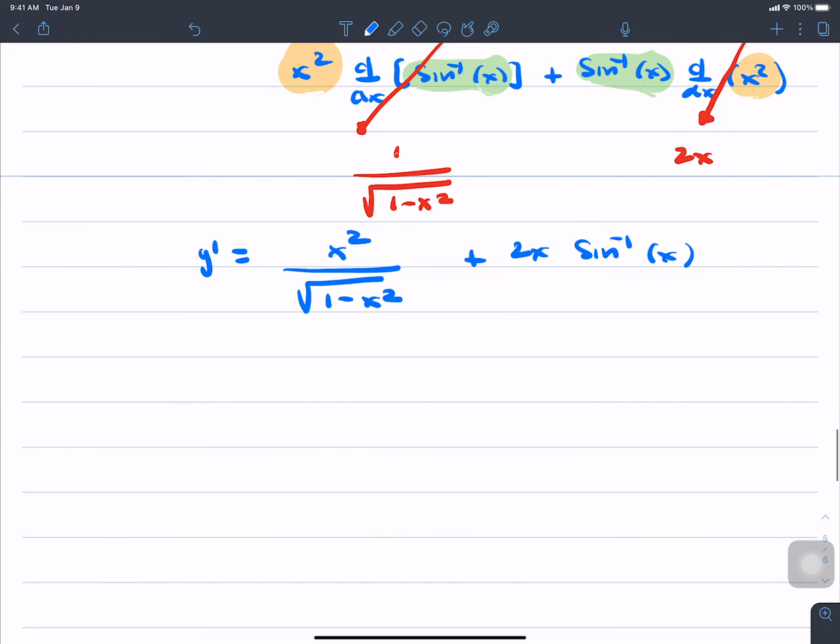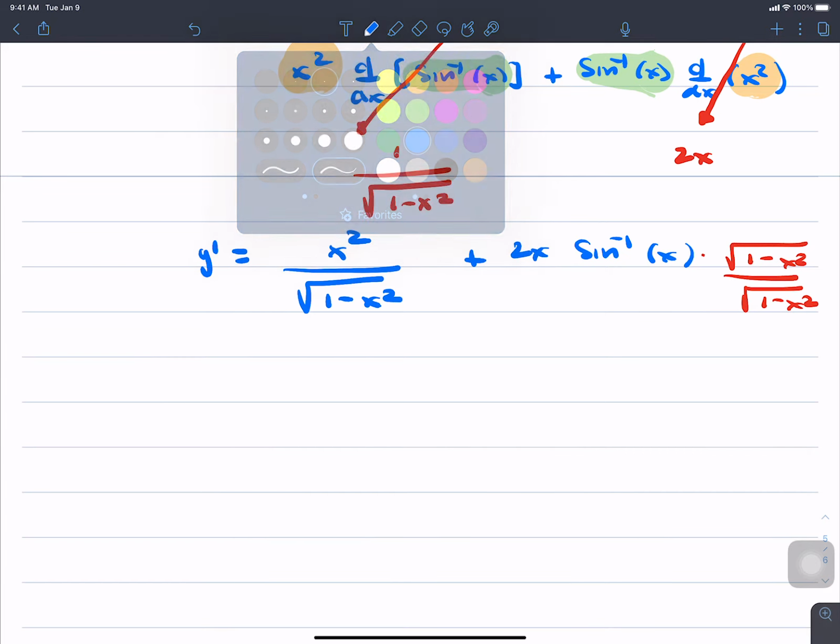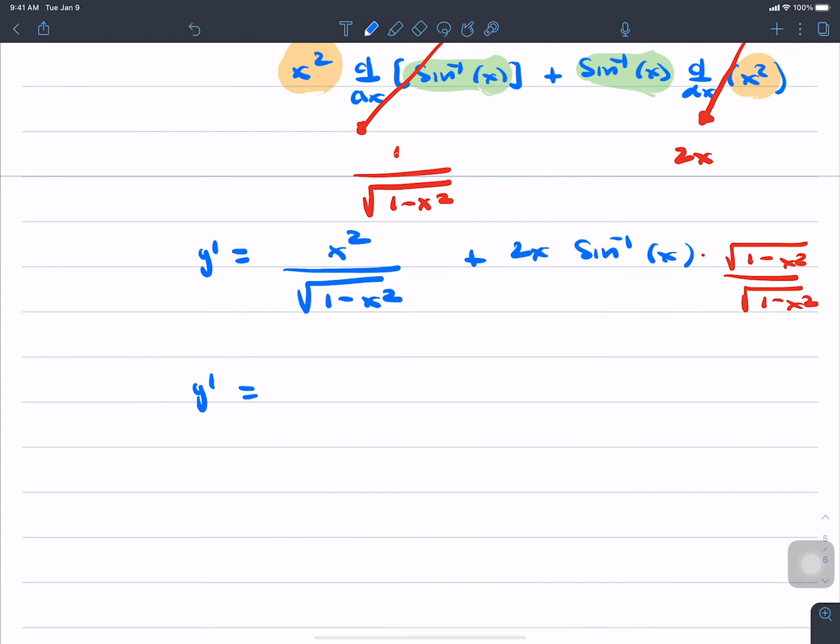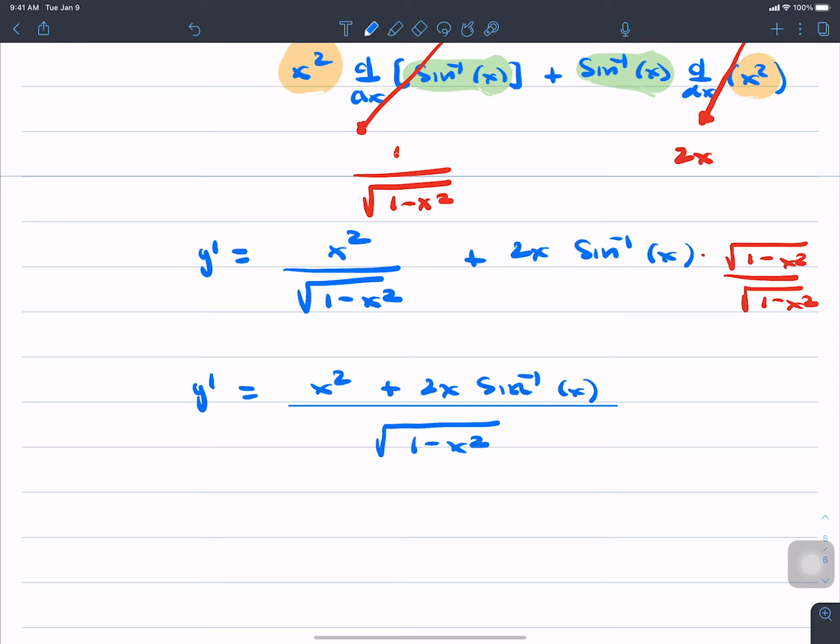And so we can leave our answer this way, or we can choose to add the fraction with the irrational, meaning we have to have the same denominator. So your answer will be here x squared plus 2x inverse sine x, and everything will be under that square root 1 minus x squared.